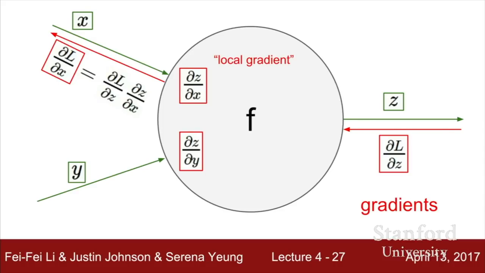So what you could do is you could recursively plug in all of these expressions, right? Gradient of Z with respect to X is going to be a simple expression, right? So in this case, if we have a multiplication node, gradient of Z with respect to X is just going to be Y, right? We know that. But the gradient of L with respect to Z, this is probably a complex part of the graph in itself, right?